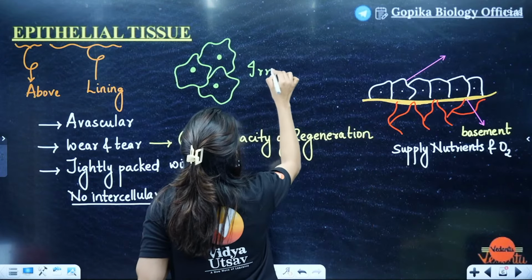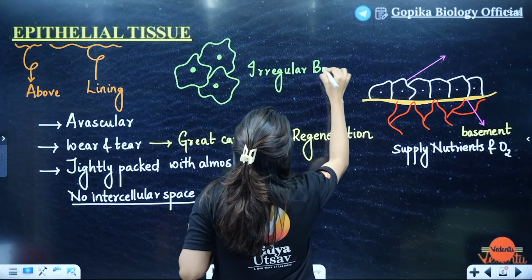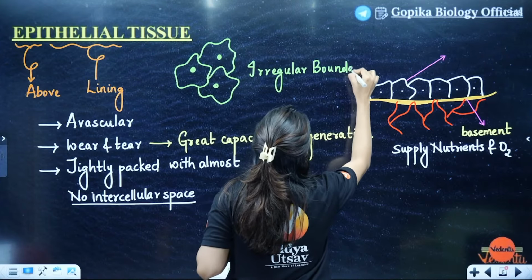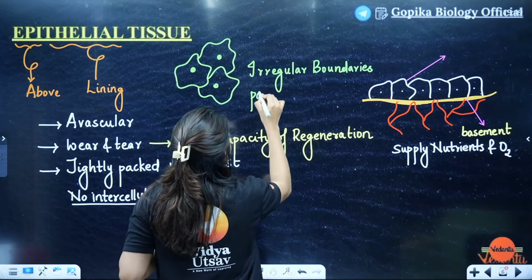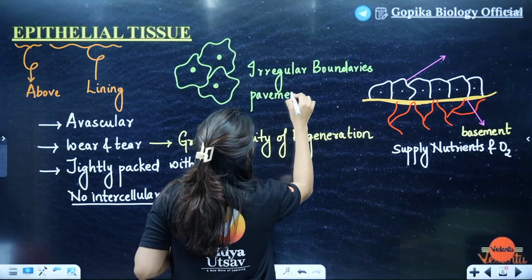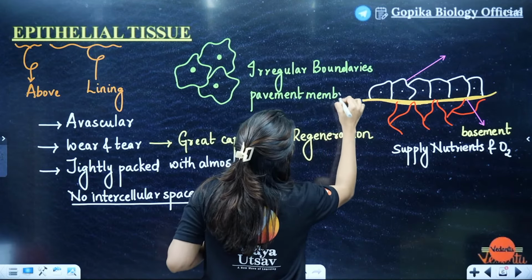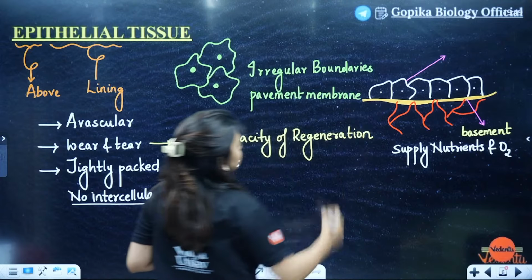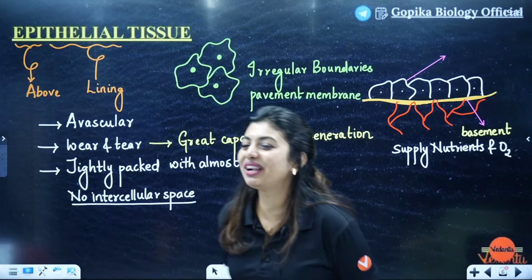So yes, they have irregular boundaries. Other than that, we can call them a pavement membrane, or a tile on the floor structure. Clear? No intercellular space.